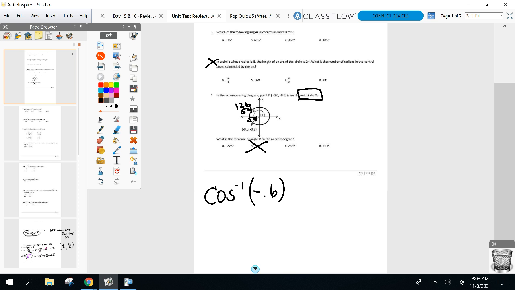3. So if I have a 54-degree reference angle in quadrant 3, how do I find the angle I'm looking for now? 180 plus 54. I don't think it'll come out. I think we rounded a little too early, but it'll come pretty close to my answer, which is 234?